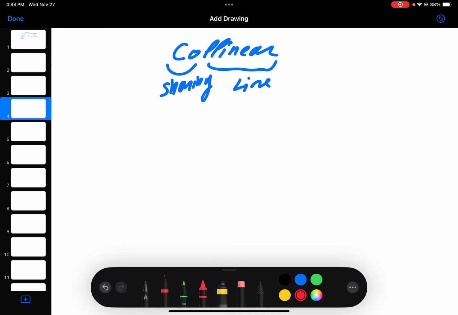So, as an example, we say H, I, and J. Those are points, right?